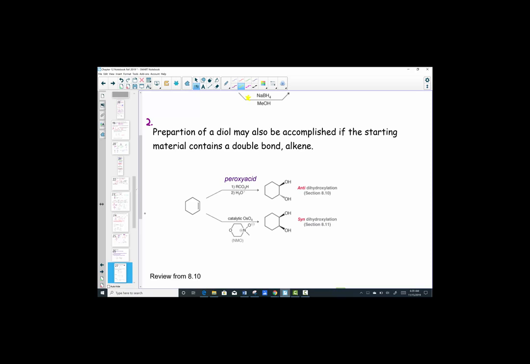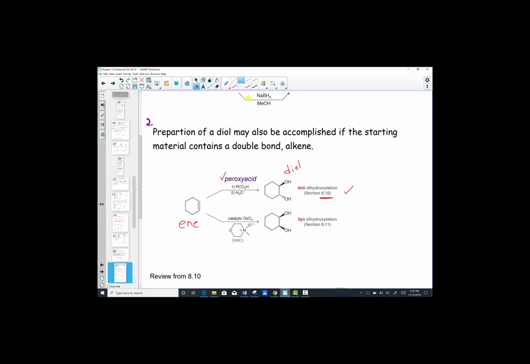And this goes back to reviewing some lessons from Chapter 8. If I go back to Chapter 8, Section 8.10, we learned how to change an ene, a double bond, into a diol using a peroxy acid.